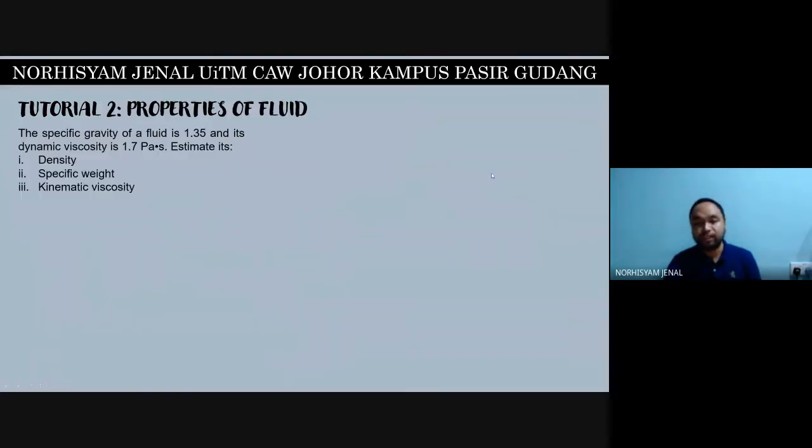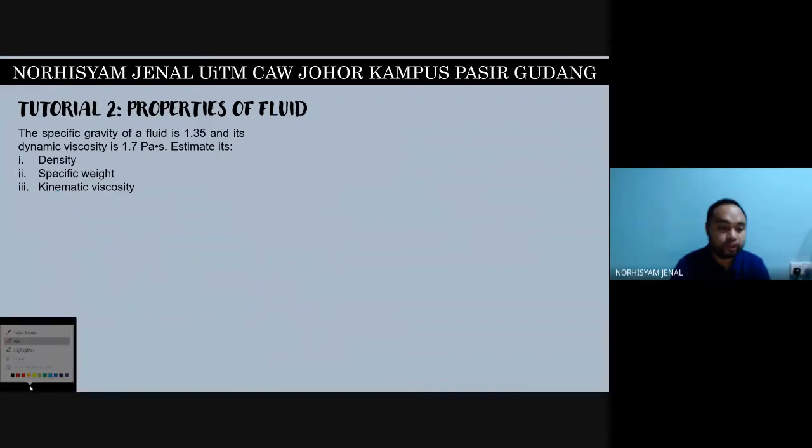Okay, so this is the second tutorial on properties of fluid. This is from last year. The specific gravity of a fluid is 1.35. So we write down the specific gravity, Sg equals 1.35.